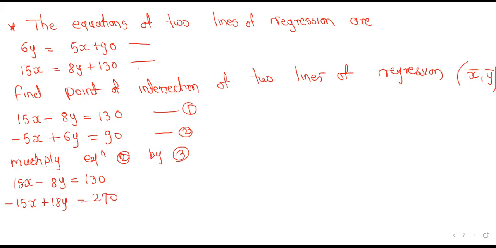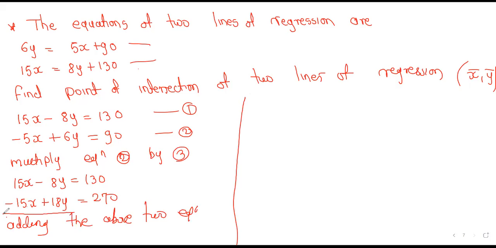Adding the above two equations, plus 15 and minus 15 will get cancelled, so 10y is equal to 400. So y bar is equal to 40.